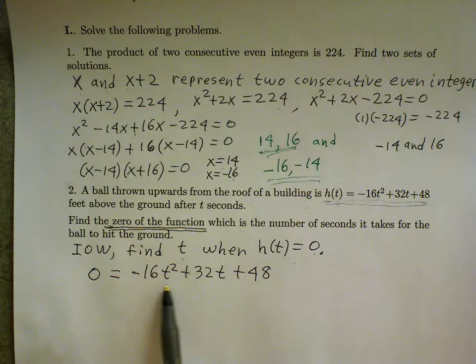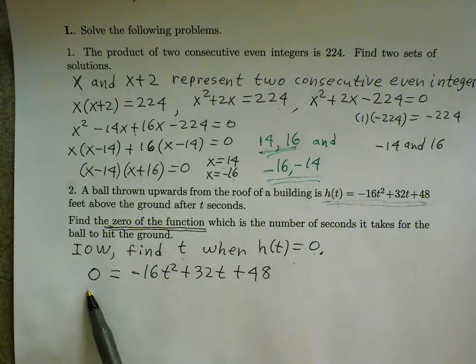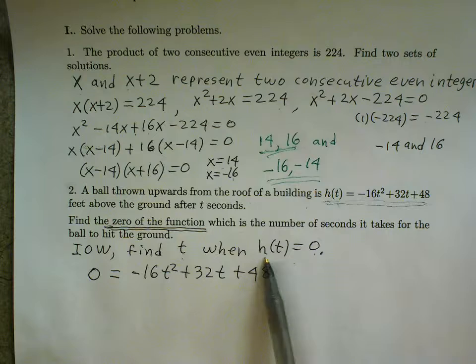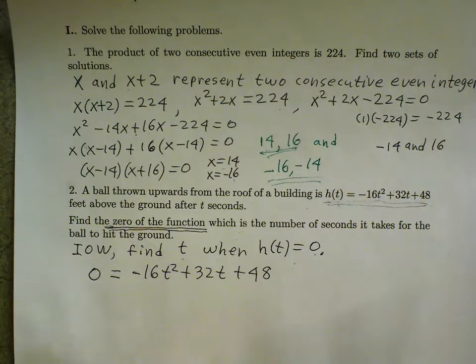When we solve for t, that will tell us how many seconds it takes for the ball to hit the ground after it's thrown upwards. When the ball hits the ground, the height is 0 feet. Any ideas on how to solve this equation for t?